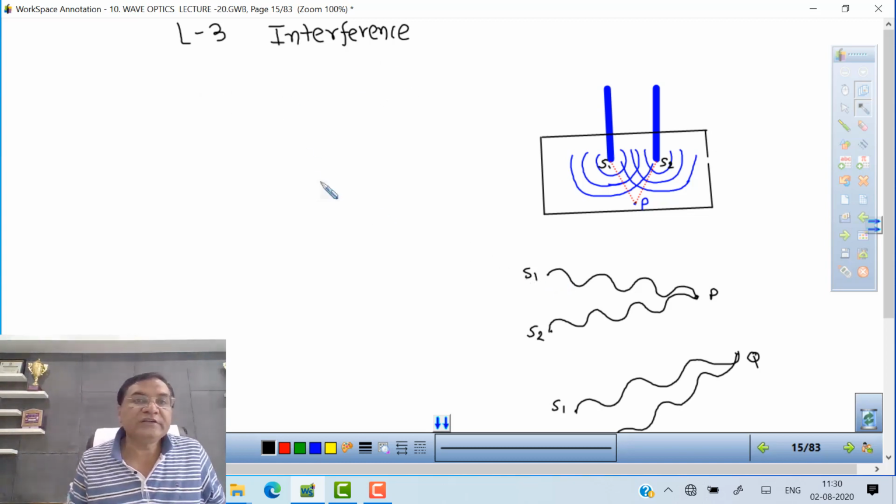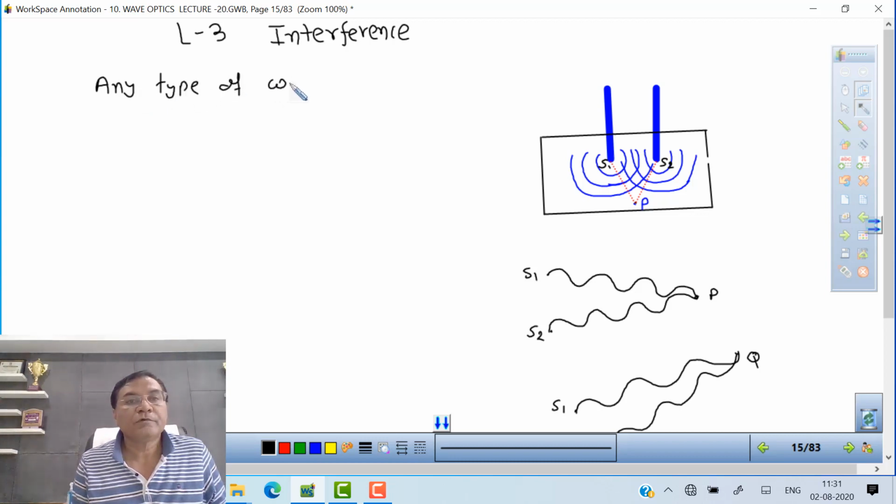Interference occurs in any type of waves. Light wave, sound wave, matter wave, any type of wave shows interference phenomena.